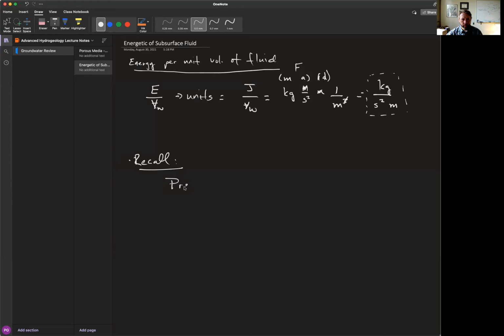Pressure, we'll use symbol P here, at a constant density. This is important.